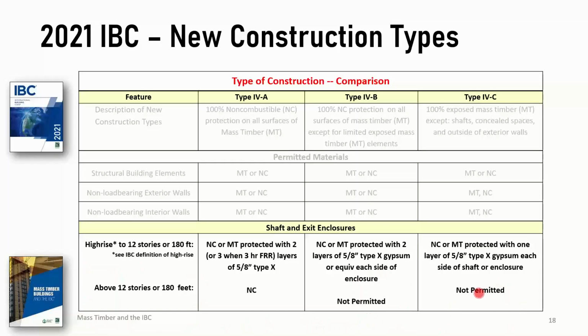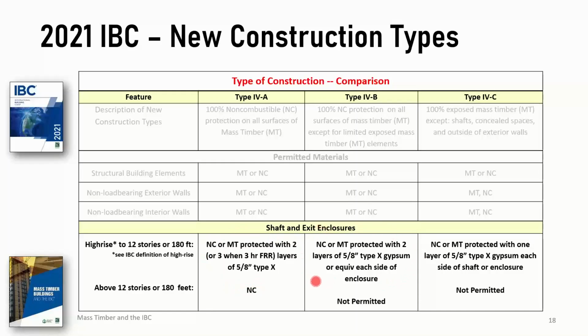It's just not applicable. These buildings don't go that high. But above 12 stories and 180 feet, the shaft and exit enclosures have to be non-combustible. Okay, and they can be mass timber if they're up to 12 stories, not beyond. But the mass timber is heavily protected with non-combustible material.